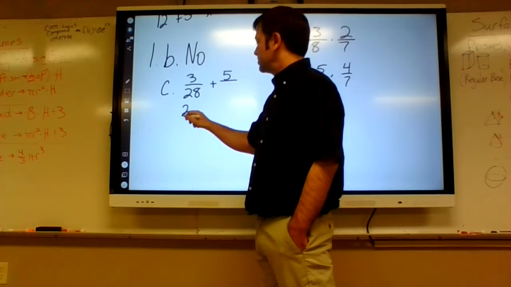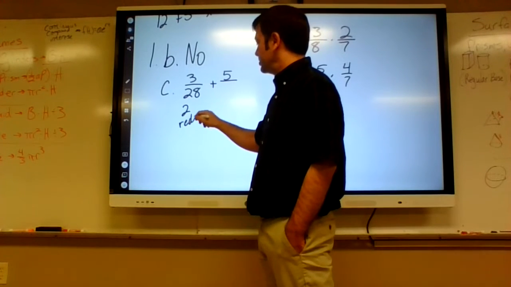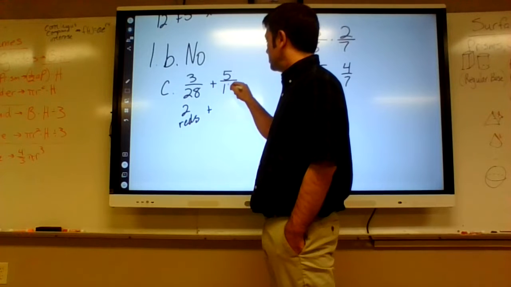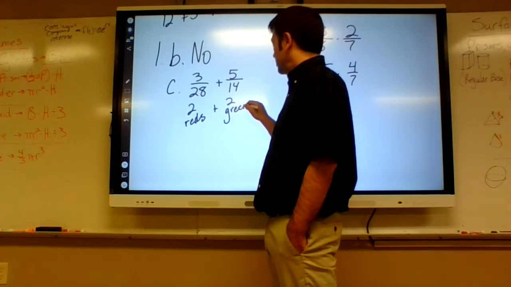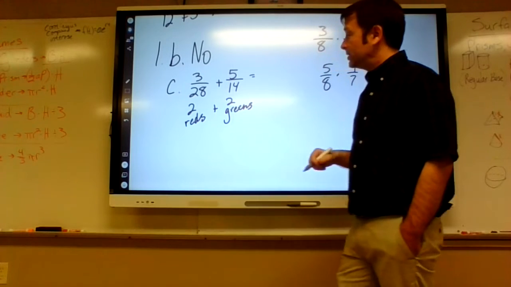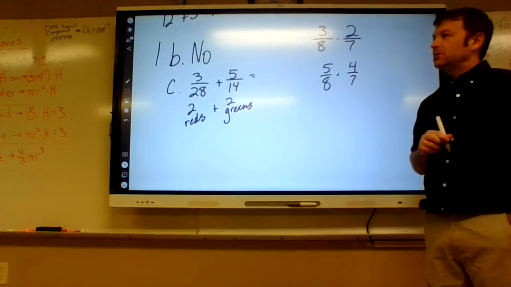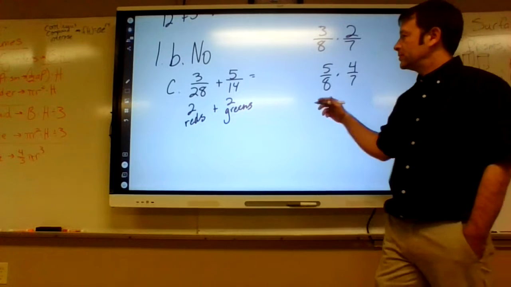So this is the 2 reds probability plus the 2 greens probability. This is the total probability that you get 2 of the same, 13 out of 28.